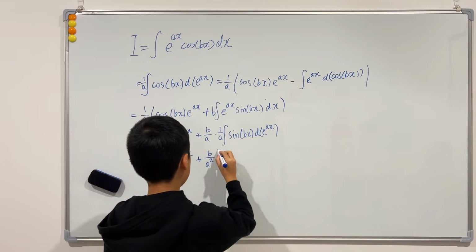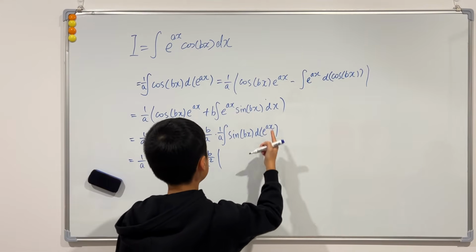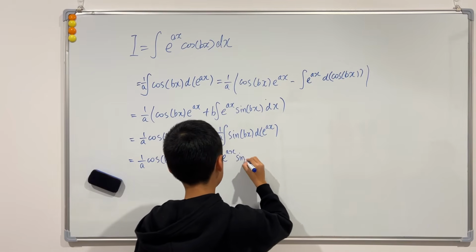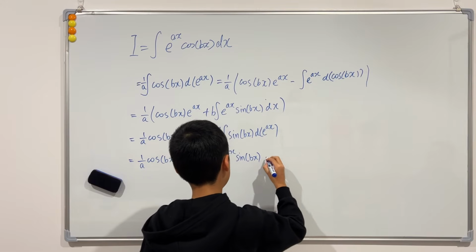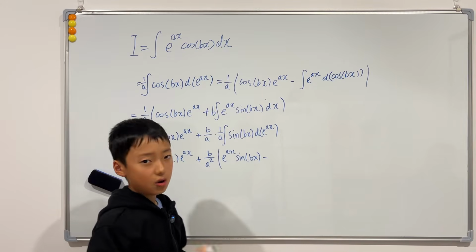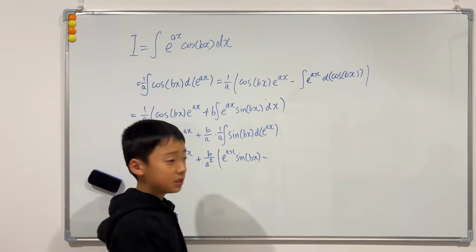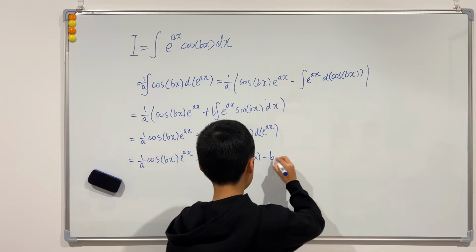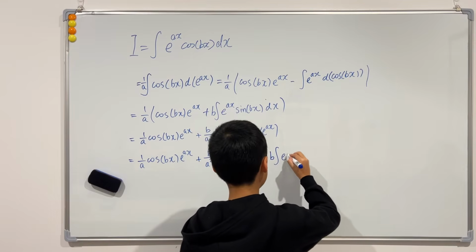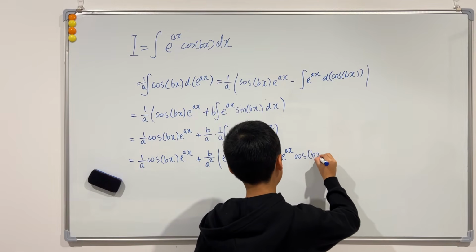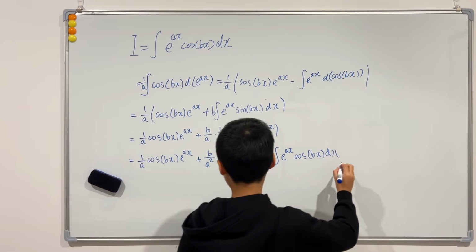To do a big bracket. So we first do this times that, which is e to the ax sine of bx, and then minus. If you do this on your own, you can do this times the derivative of this. Then you'll find out that it will just be b times the integral of e to the ax times cosine of bx dx.